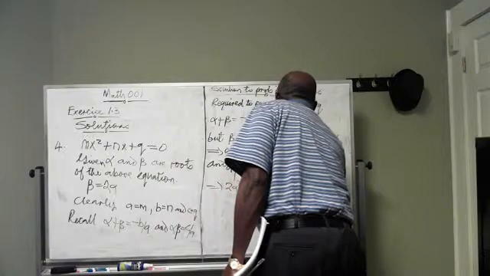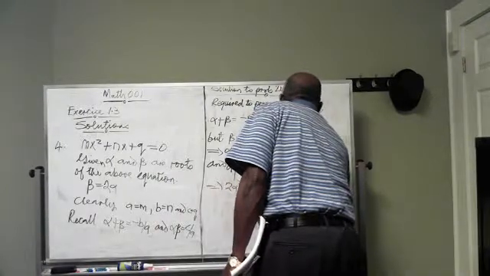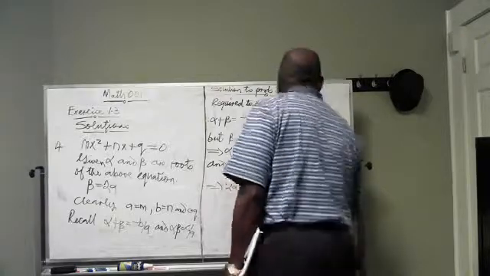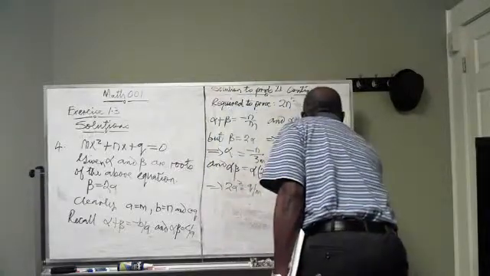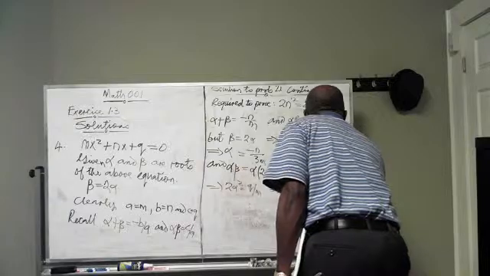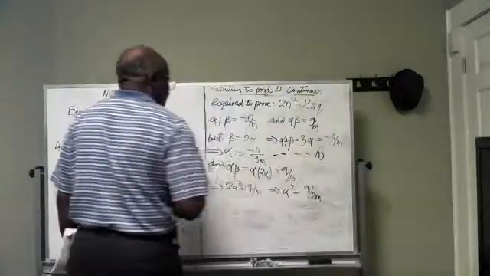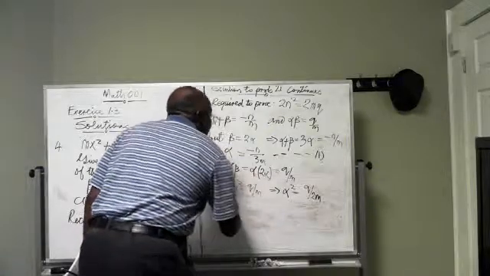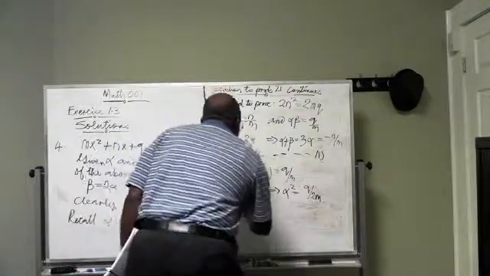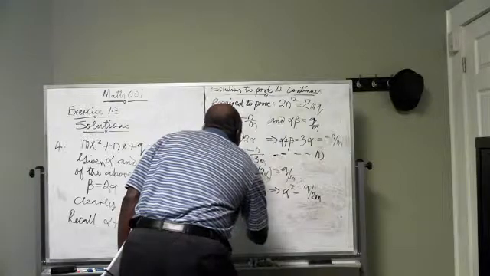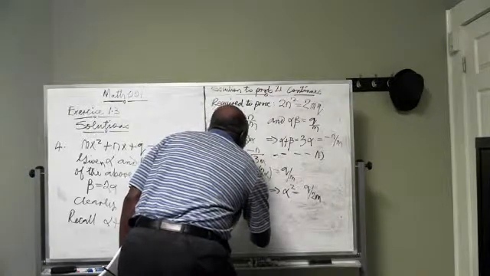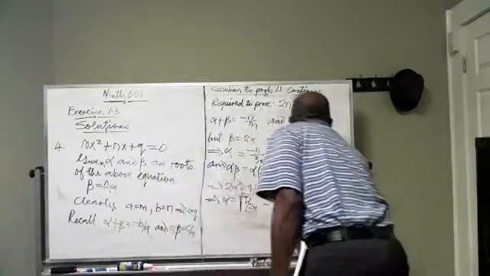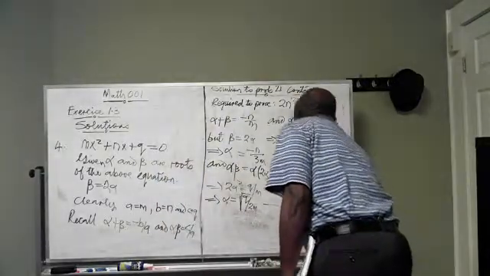This implies alpha squared equals q over 2m, which implies alpha equals the square root of q over 2m. Let this be equation 2.